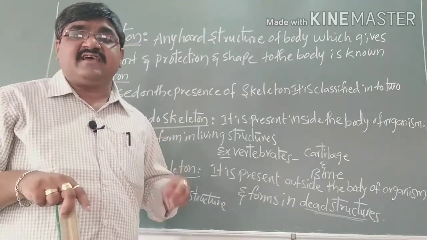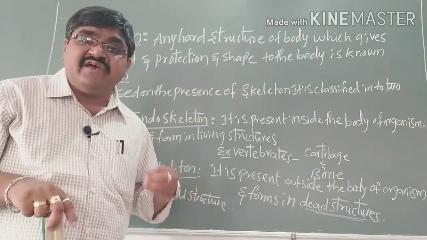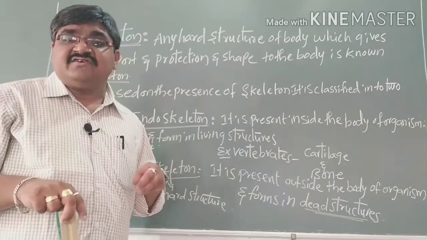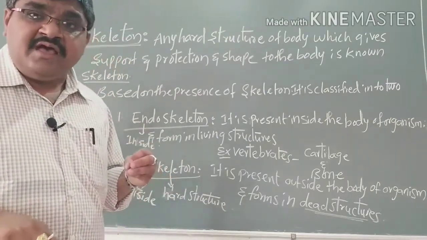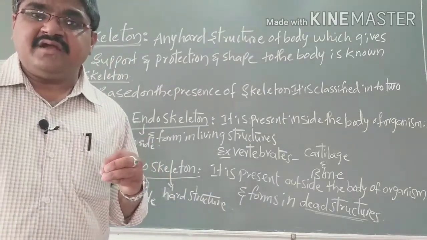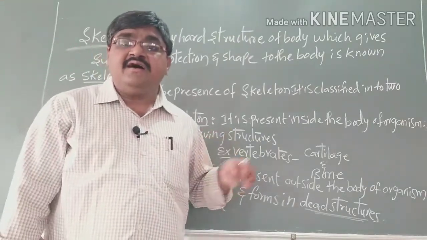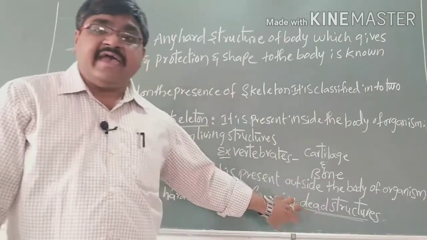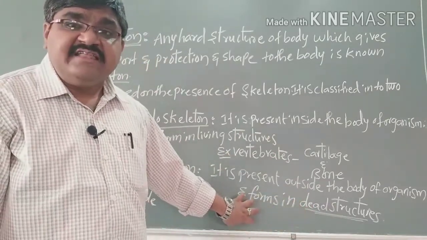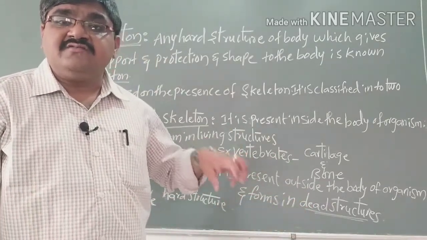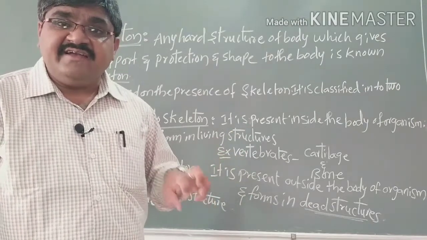These are the various types of exoskeletons, which are dead structures. Dead structures means they are made up of keratin, which is a dead protein.